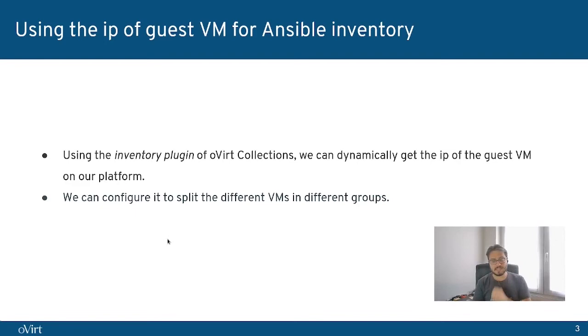And the same inventory plugin lets us configure how to split all the virtual machines into different groups. So Ansible will have a list of groups that we can use to perform specific actions on each virtual machine.